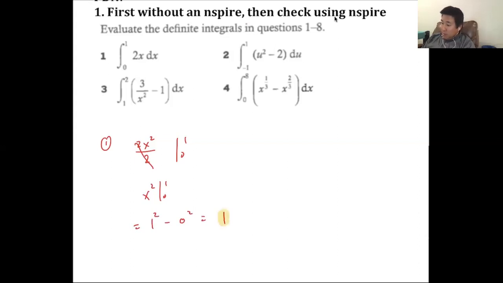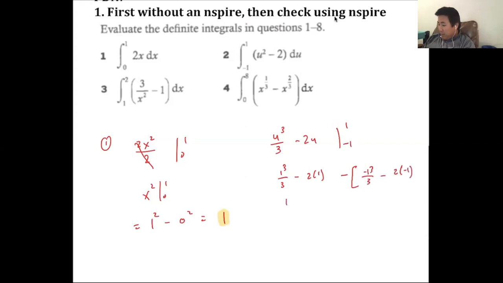Number two, we got u squared minus 2 du. So that's u cubed over 3 minus 2u from -1 to 1. So that's 1 cubed over 3 minus 2 times 1 minus, and this right here is very important, because that negative needs to distribute to both things: -1 cubed over 3 minus 2 times -1.